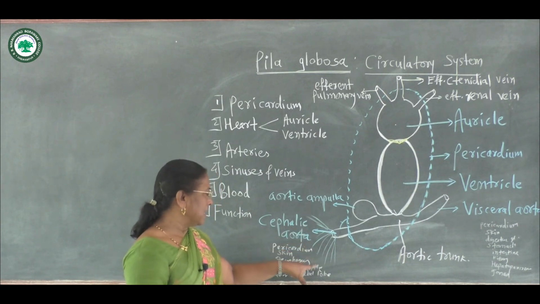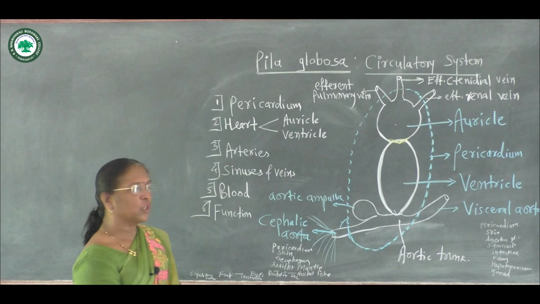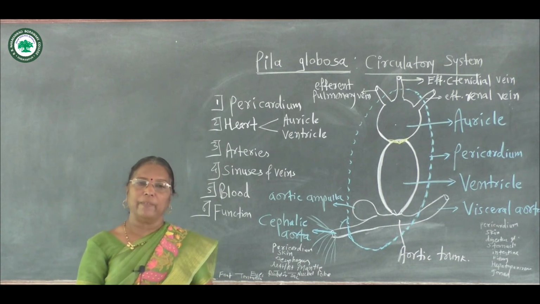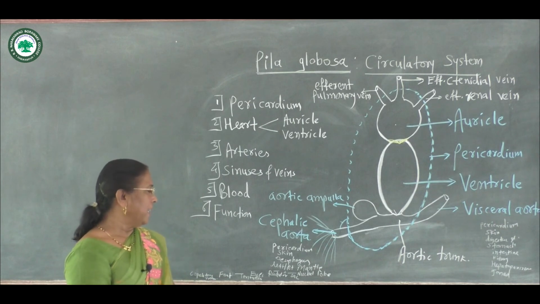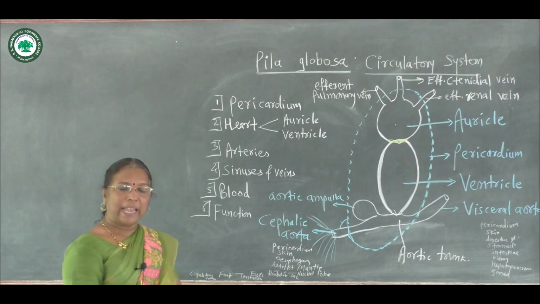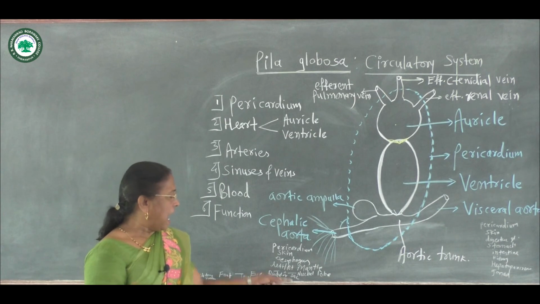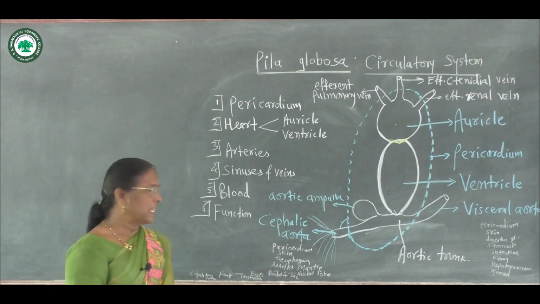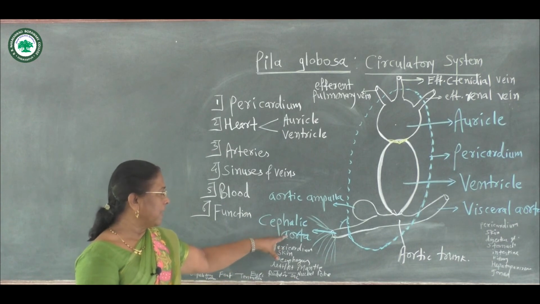All these arteries, that is, to the pericardium, skin, esophagus, left and right nuchal lobes, left and right pseudopipodium, again the radular sac, eyes and tentacles, and also the foot and foot muscles, are supplied from this cephalic aorta.